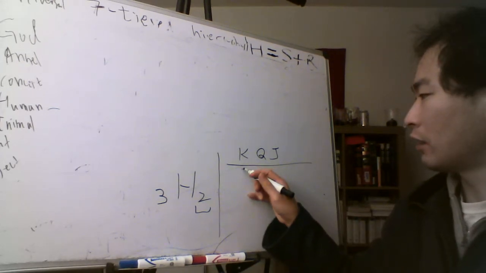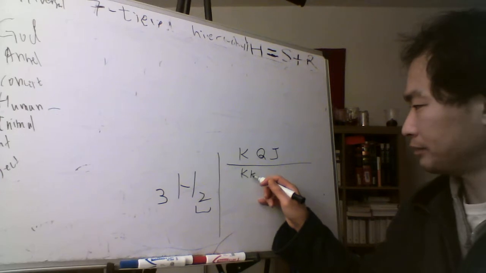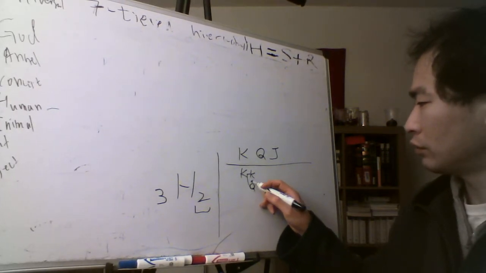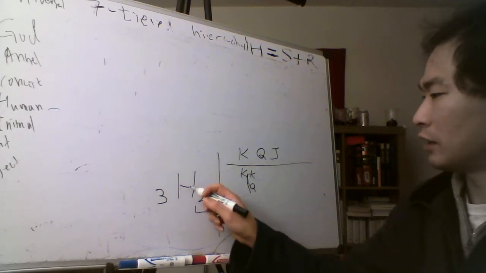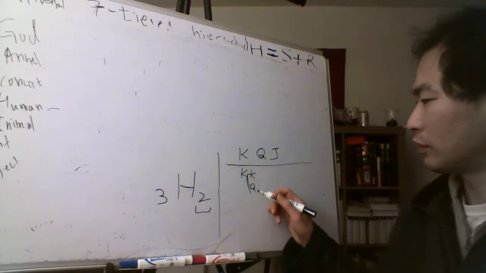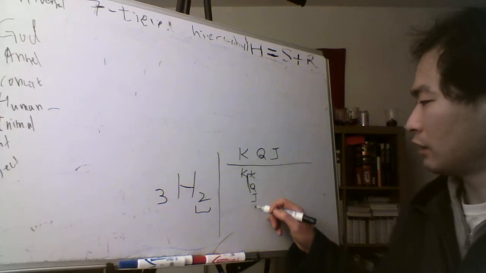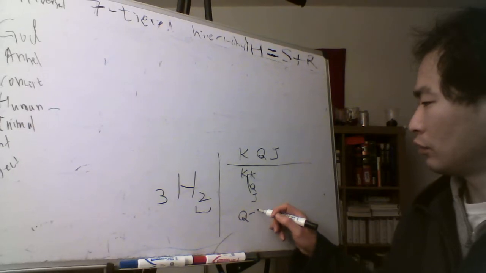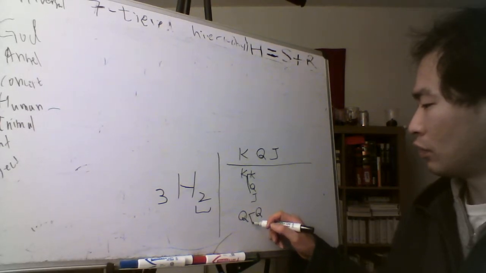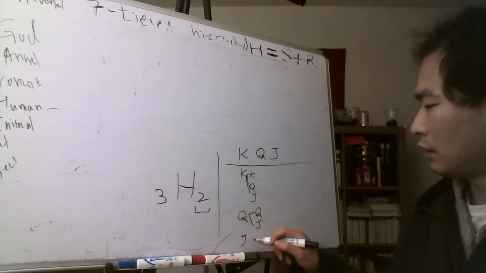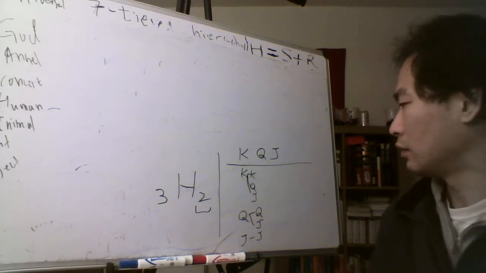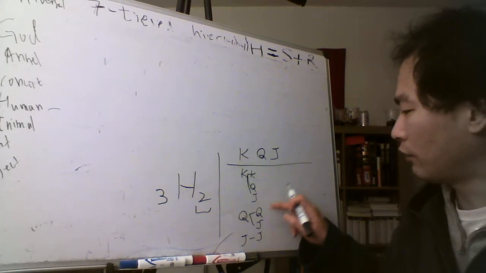So how many there are? You have kk, right? kq. It's h. It's a combination, so ordering does not matter. kj, right? Now, when it comes to q, you can pick qq or qj. When it comes to j, you are picking jj. So 1, 2, 3, 4, 5, 6.